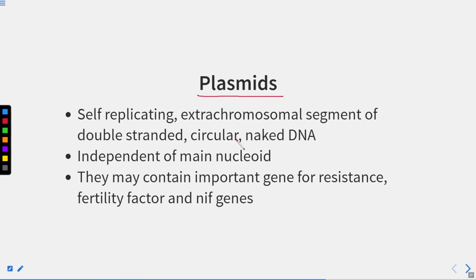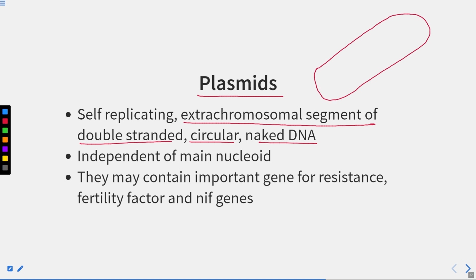Plasmids: self-replicating extra chromosomal segments of double-stranded circular naked DNA. If you see the bacterial cell, in the center you can find the single circular DNA that is called nucleoid, right? Now there are some small circular DNA like this, and they can replicate by themselves, self-replicating, right?